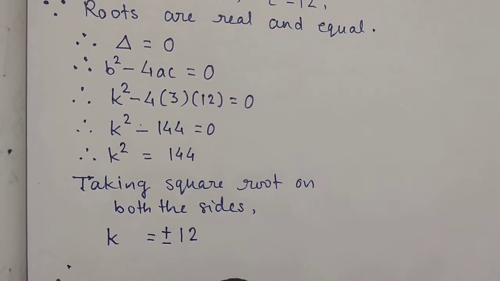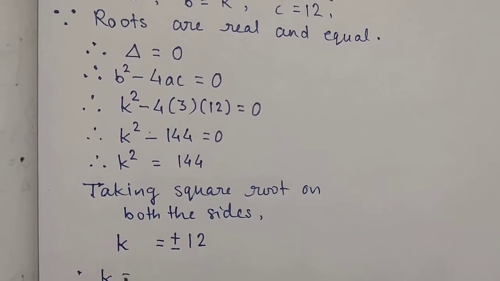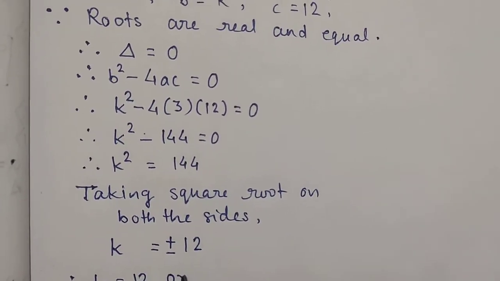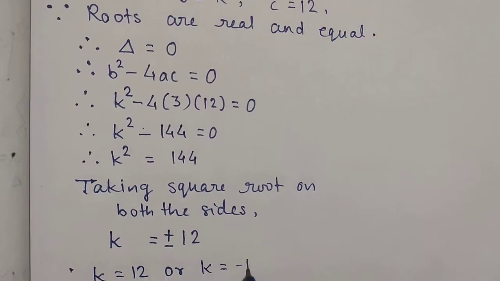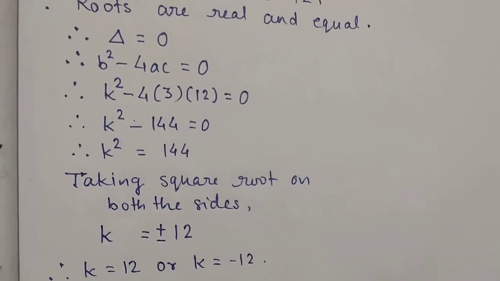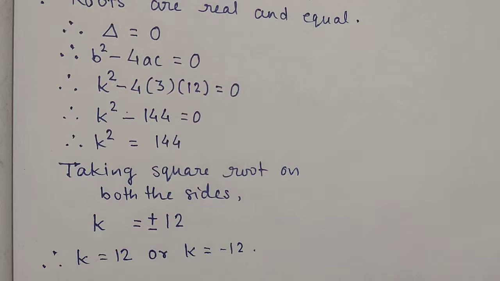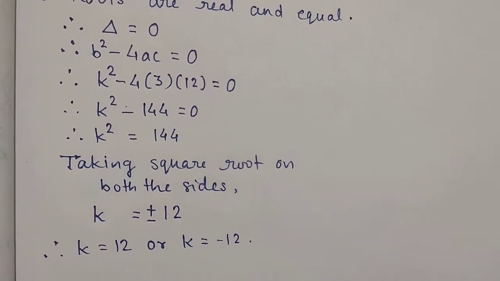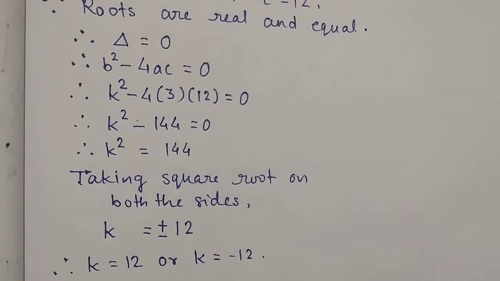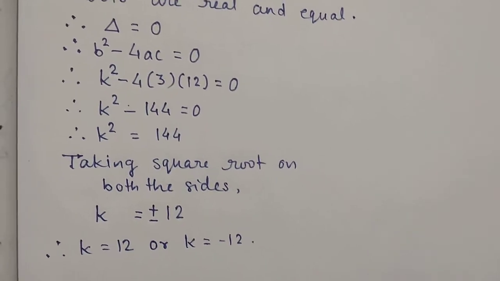So in this case you got k value 12 or k value minus 12, that is expected from you to get the value of k, and you got 12 and minus 12.